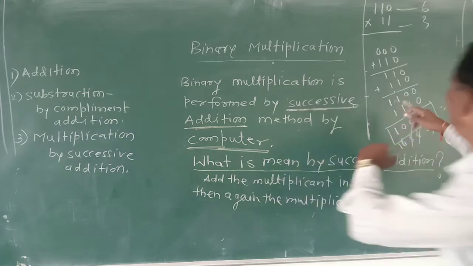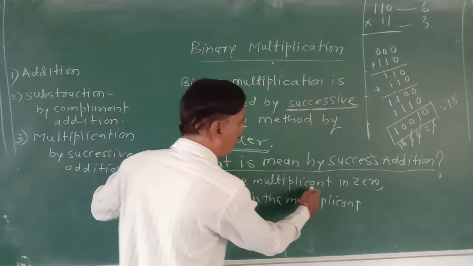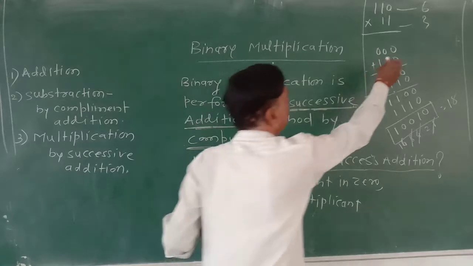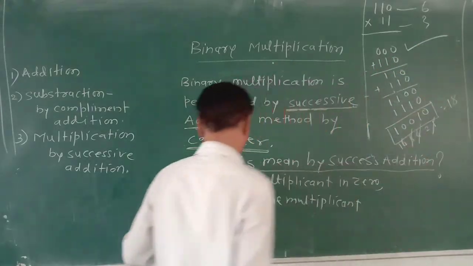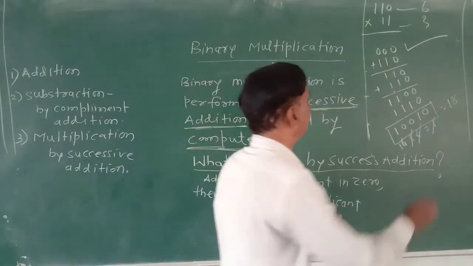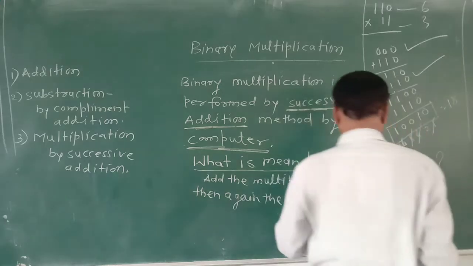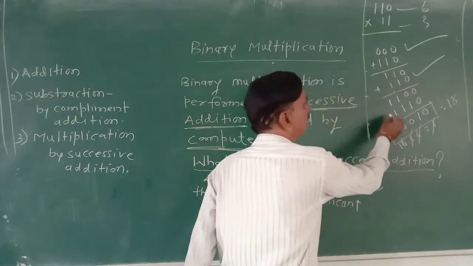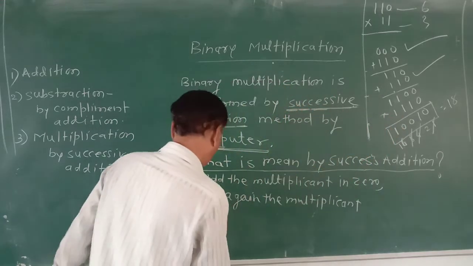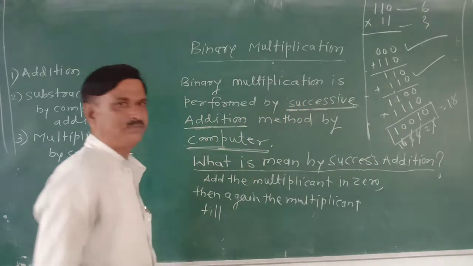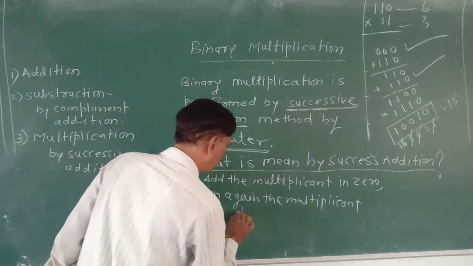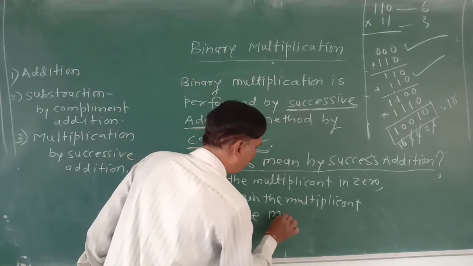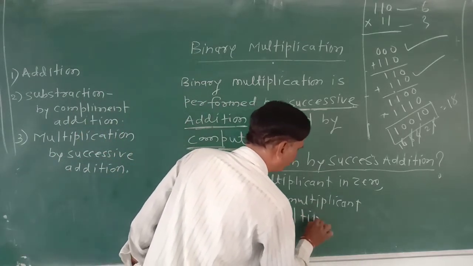So successive addition: add the multiplicand in 0. Then again add the multiplicand this time. How long? 3 times. 1, 2, 3. 3 times, till the multiplier.